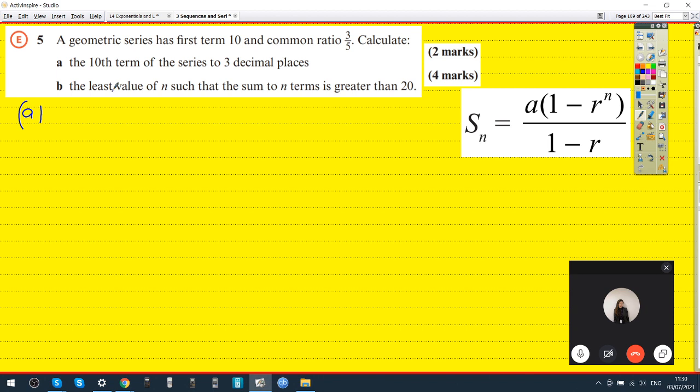So we make a 10 and r 3/5, and then we make n 10. Wait, a is 10 as well, is it? Oh yeah, they're both 10. Hang on, there's a mixture here. They want the 10th term, not the sum to 10 terms. So we make n equal to 10.